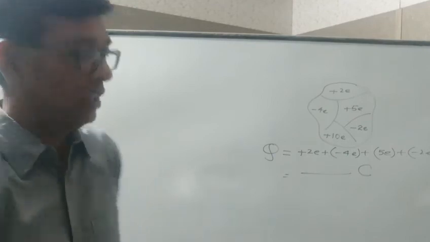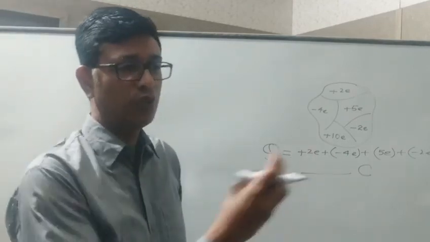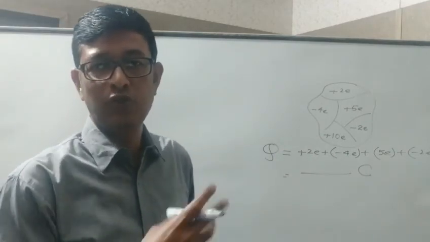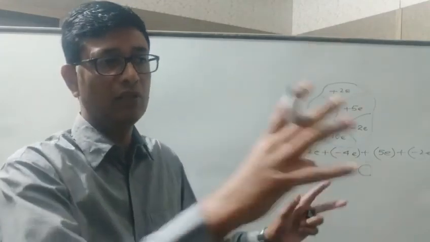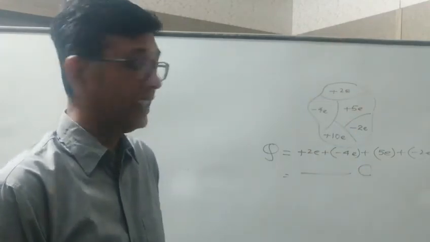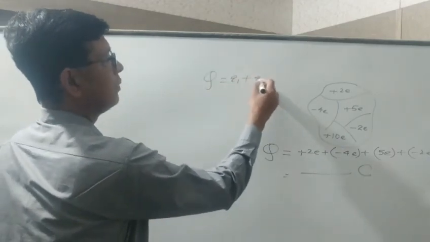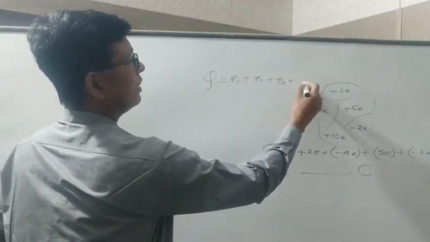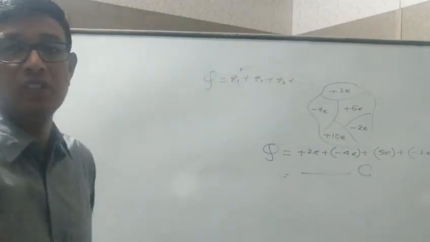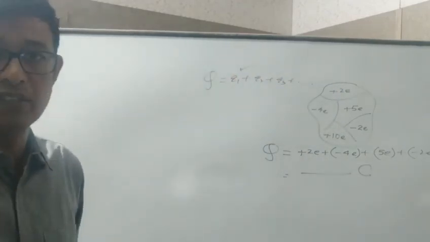Any body constituting charges Q1, Q2, Q3, Q4, Q5, Q6 and so on in its different parts, the net charge on that body would be given by Q1 plus Q2 plus Q3 and so on. This is the algebraic sum. Charge is a scalar quantity; this also we'll discuss later on.